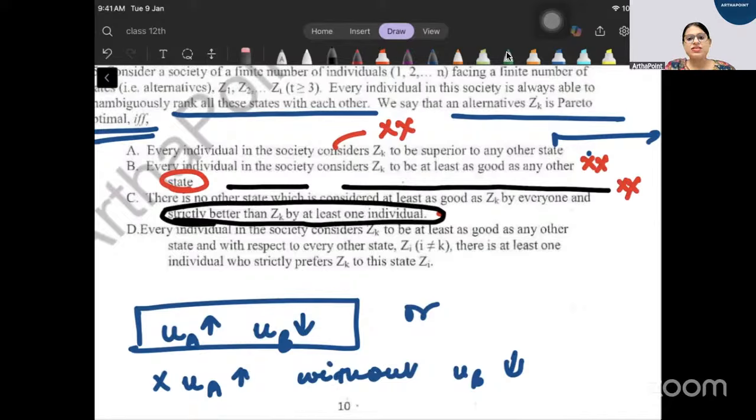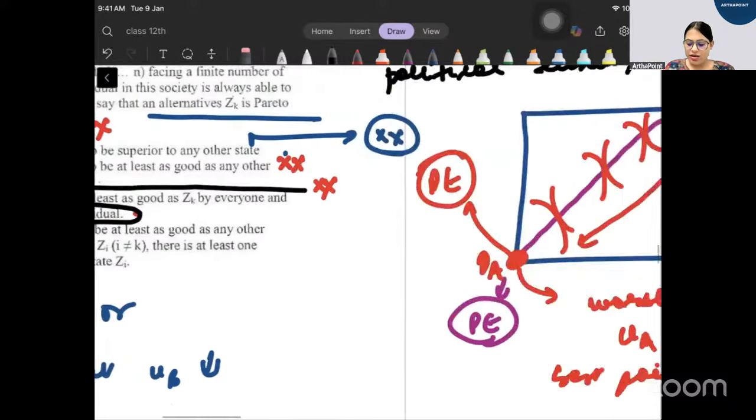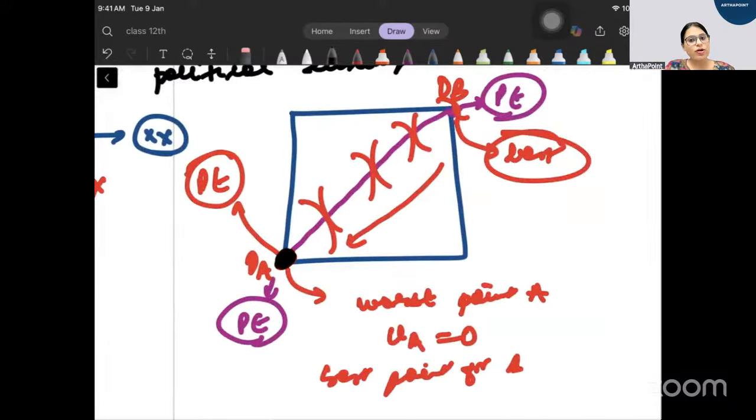Think about what the statement is saying. Now this is a very lenient statement, it's not a very strict statement, right? It says no other state exists which is considered at least as good as this point by everyone and strictly better by one individual.